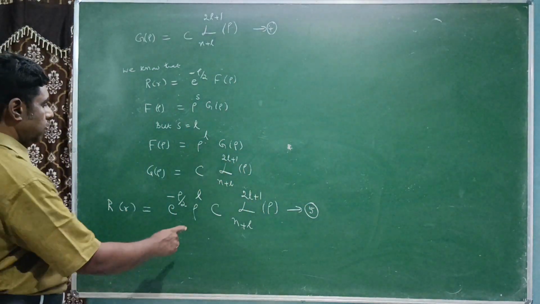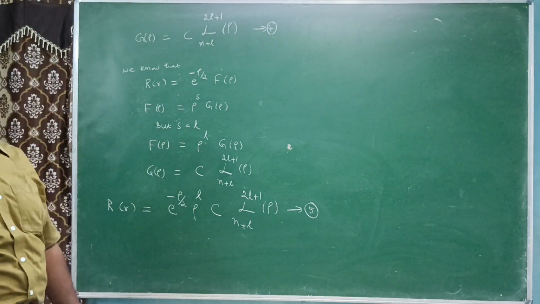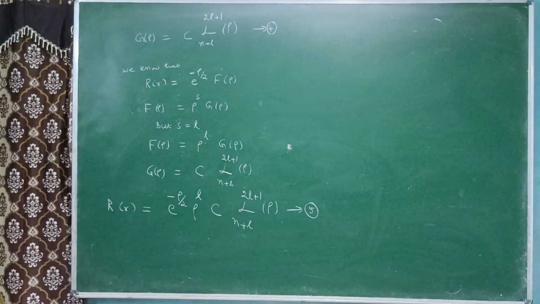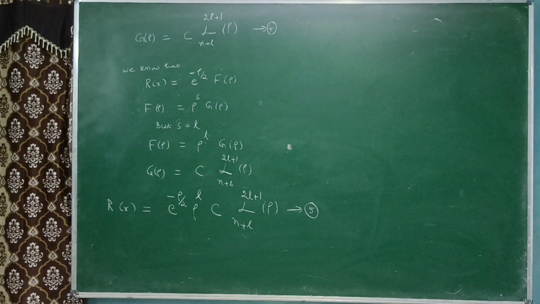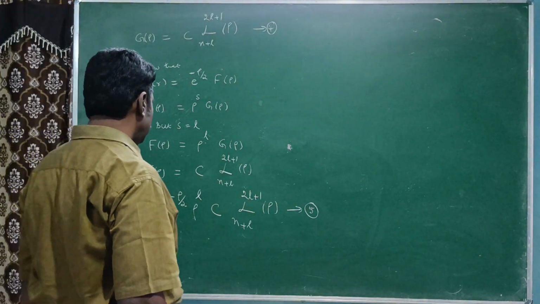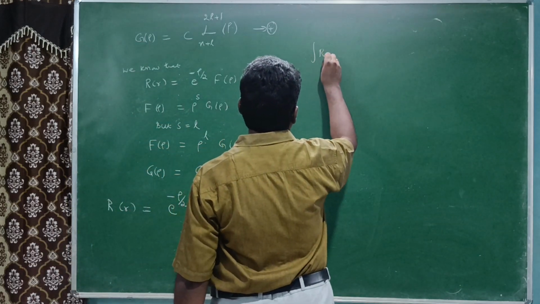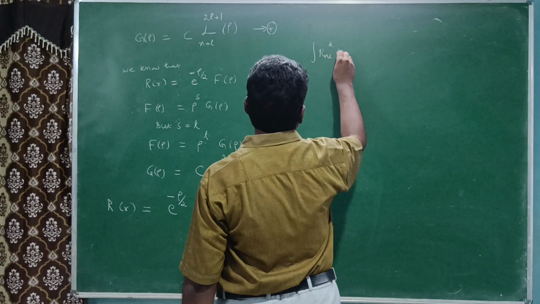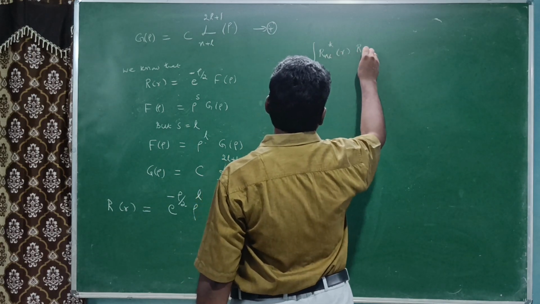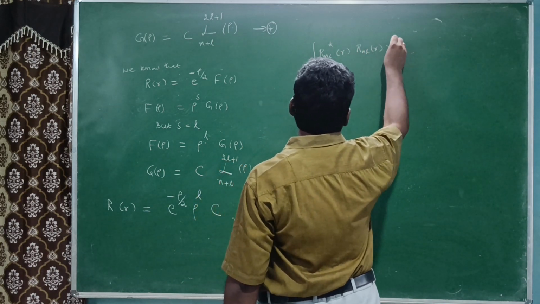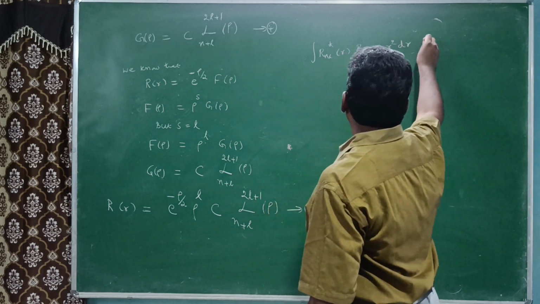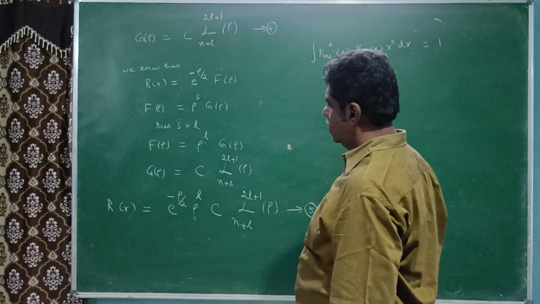Now we have to evaluate the value of c, the constant, using the normalization condition. The normalization condition is the integral of R nl star of r, R nl of r, square dr equal to 1.